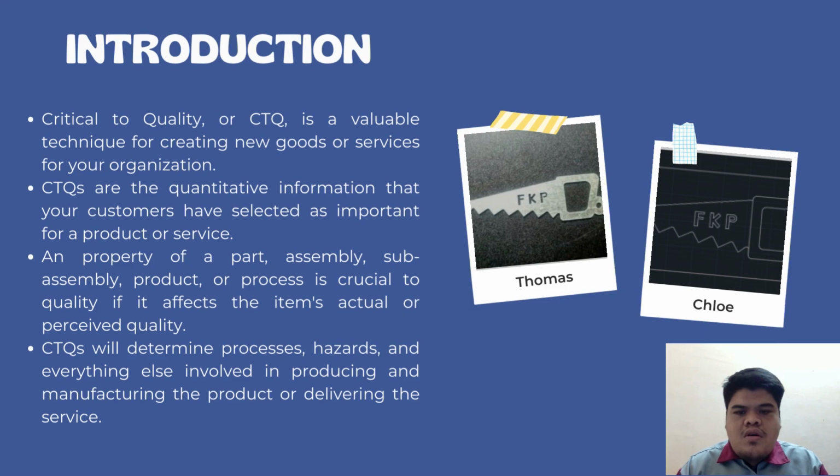A property of a part, assembly, sub-assembly, product, or process is critical to quality if it affects the item's actual or perceived quality. CTQ will determine the process, hazard, and everything else involved in producing and manufacturing the product or delivering the services.